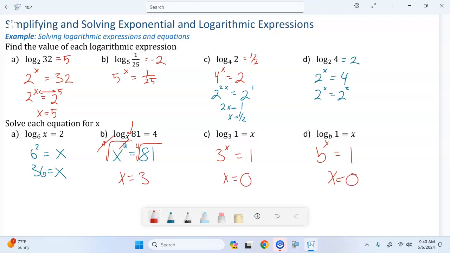If the logarithm's argument is 1, the only way to get that to happen is if it equals 0. So this is actually one of our properties: whenever the argument of any logarithm equals 1, the logarithm has to equal 0. If the argument is 1, the logarithm has to equal 0.